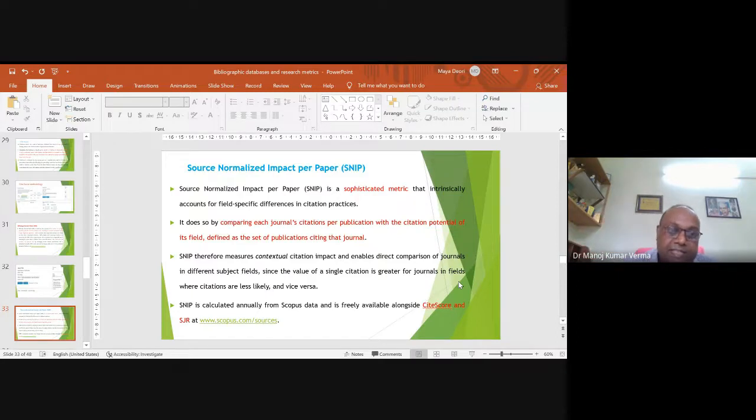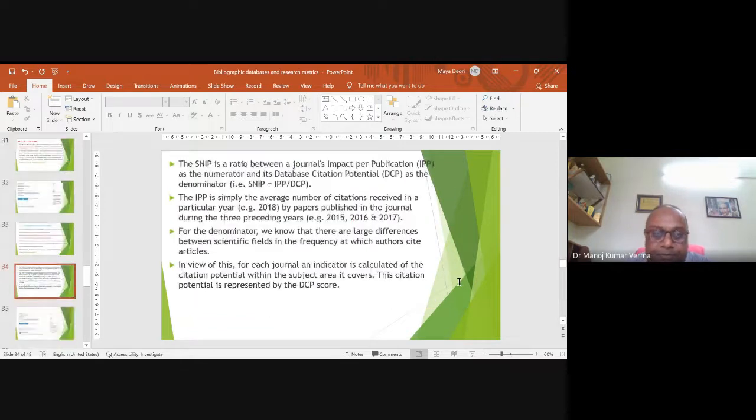SNIP therefore measures contextual citation impact and enables direct comparison of journals in different subject fields, since the value of a single citation is greater for a journal in a field where citations are less likely, and vice versa. SNIP is calculated annually from Scopus data and is freely available.